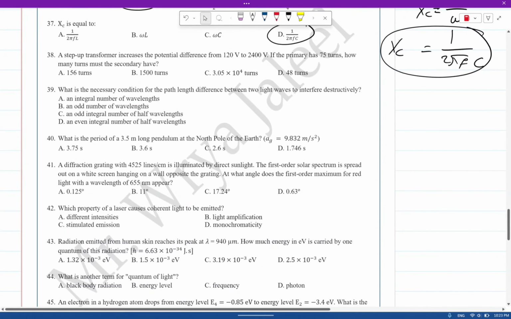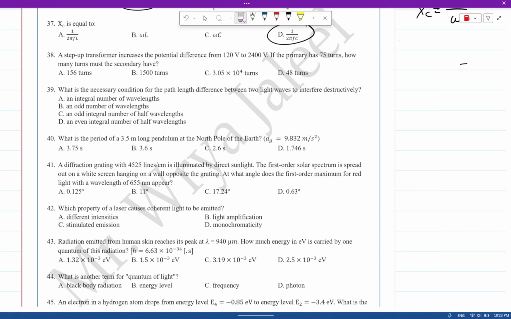Question 38 says a step-up transformer increases the potential difference from 120 to 2400. All right, so this is 38. V1 is 120. V2 is 2400. These are in volts.